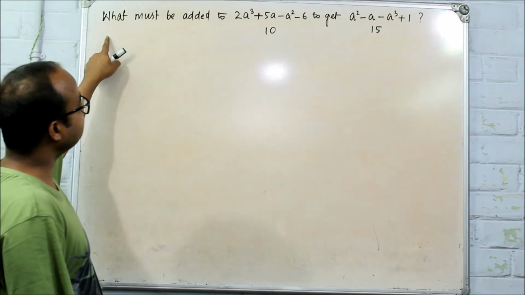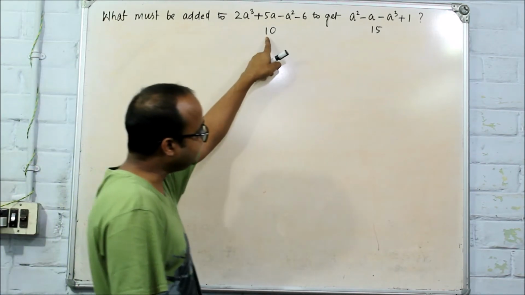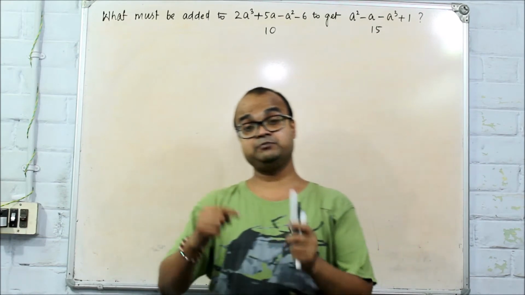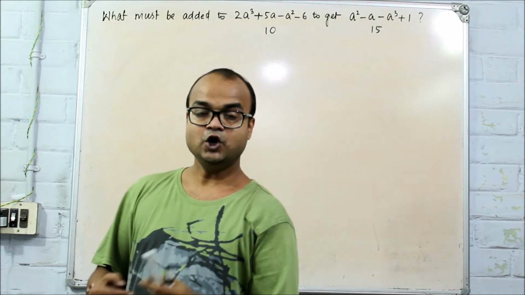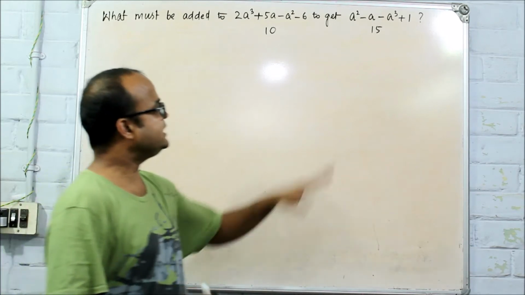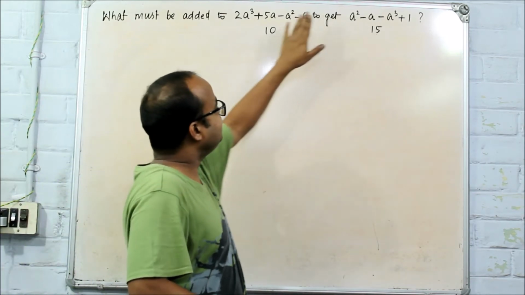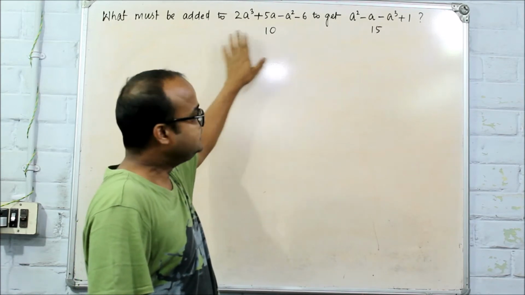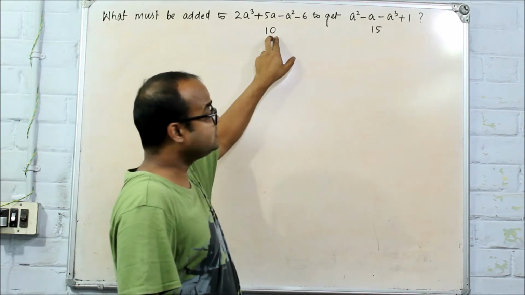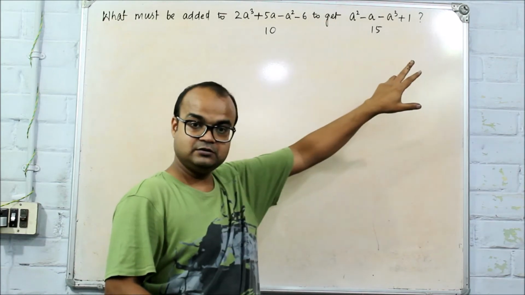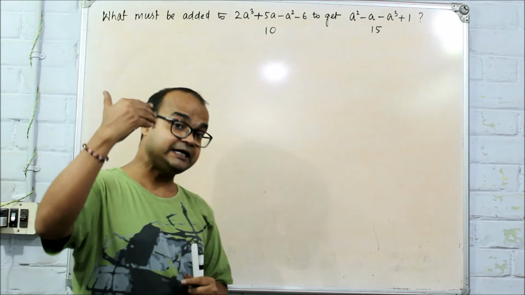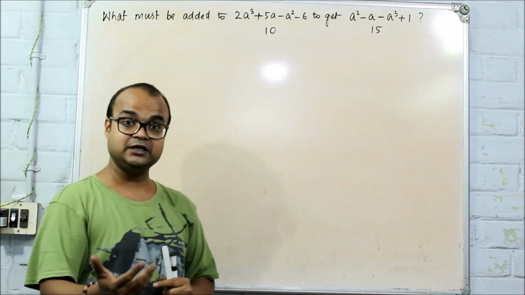Your answer will be 10 plus 5 is equal to 15, or in other words, 15 minus 10 is equal to 5. Clear? Because you are adding something to 10 to get 15.